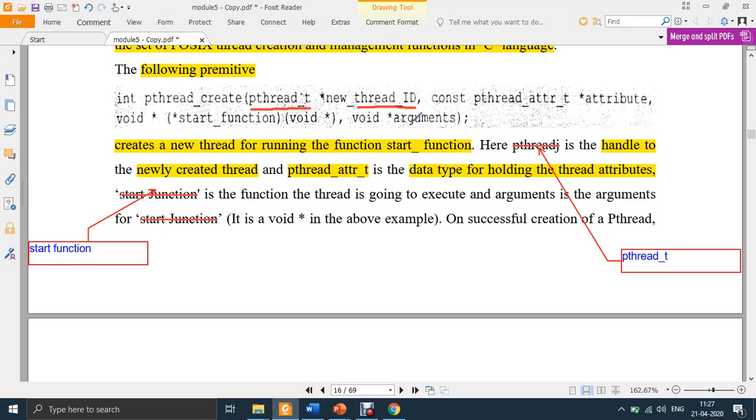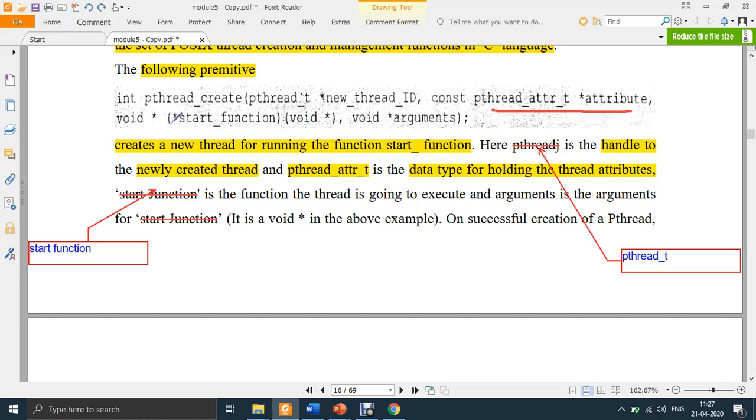As shown in the task management, each thread will be given an ID, a unique number, and then some attributes for that. Then the start function, then the argument. These are the things you have to pass to the new thread you are creating. You have to pass a start function pointer and some arguments.